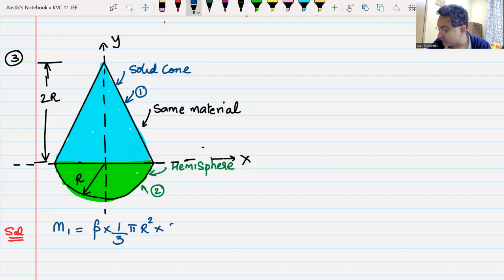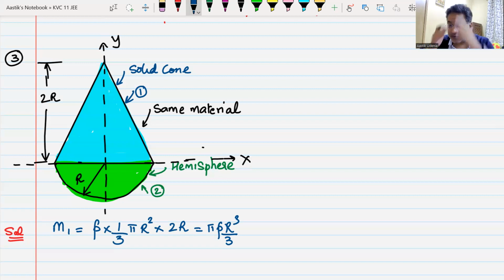The height of this cone is 2r, so the volume of this cone gives pi rho r cube by 3. That is the mass of the solid cone.